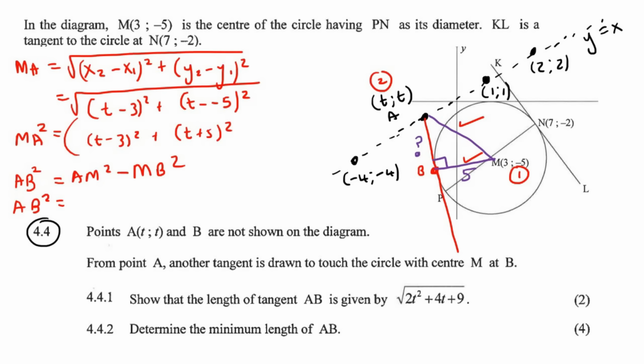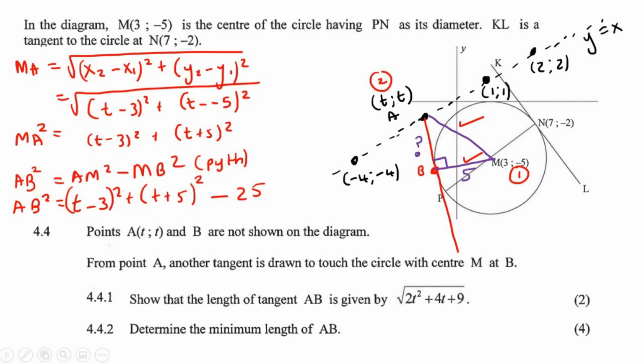So there's AM, so we can just say T minus 3 squared plus T plus 5 squared. I know we're going to have to get AB by itself eventually, but I'm just saying the way Pythagoras works. We should say here Pythagoras. Okay, and then minus MB, which is 5 squared, which is just going to be 25.